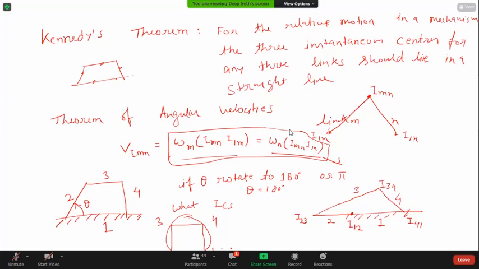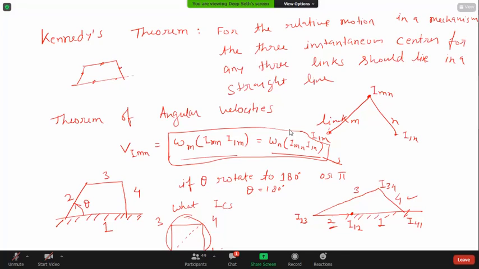So what will be I24? I'm asking about I24. This is your link 2 and this is your link 4. This is a possible instantaneous center of velocity or instantaneous center of rotation. So where can we find it?